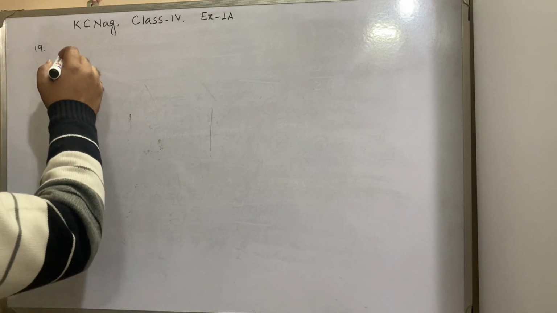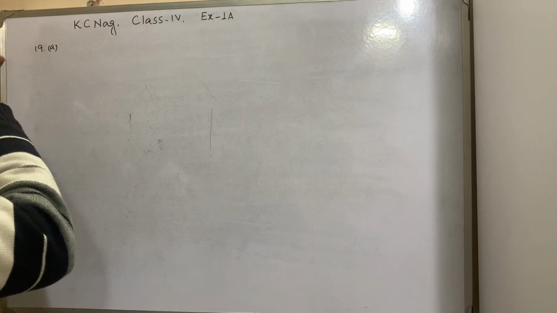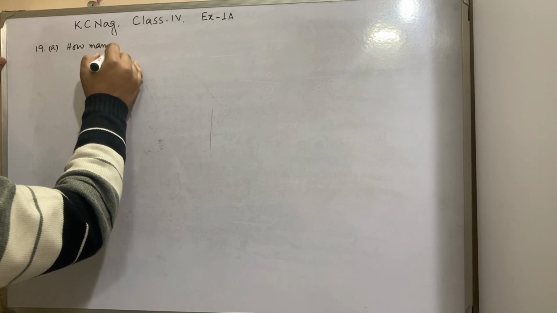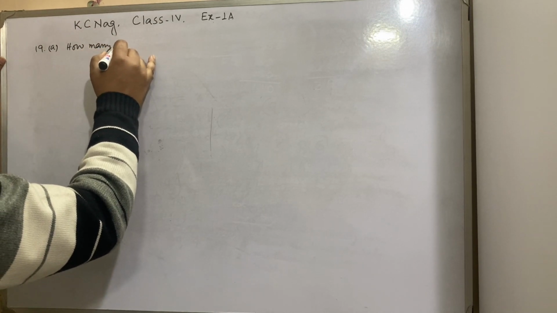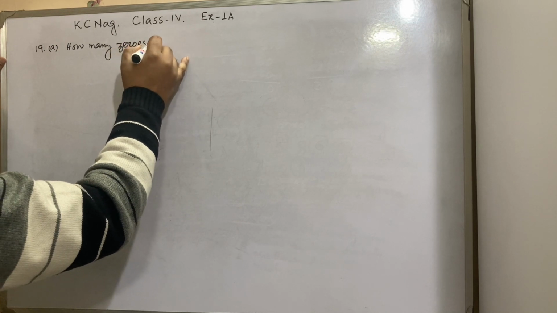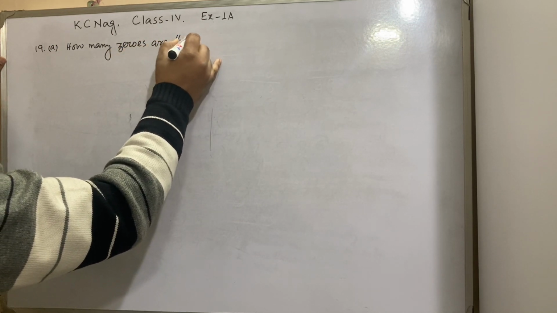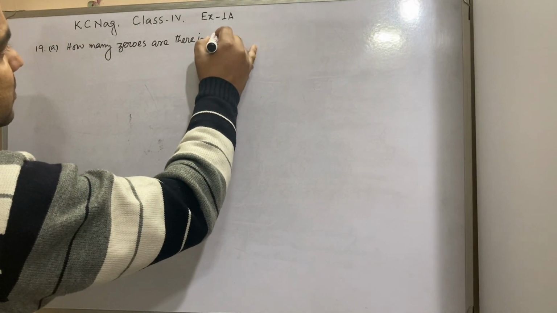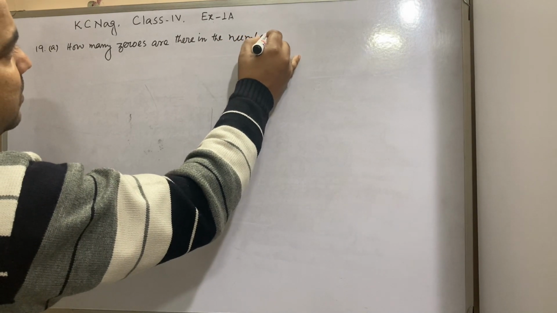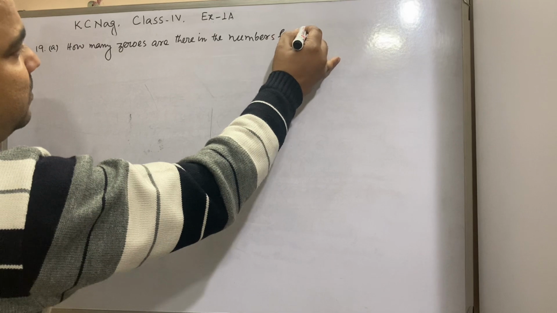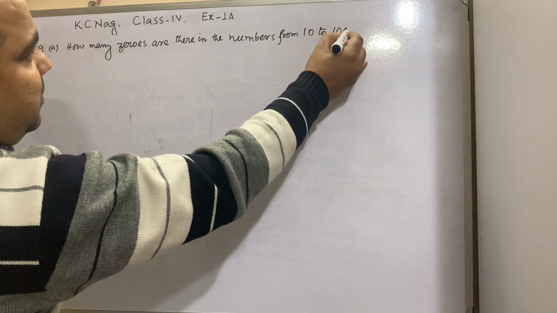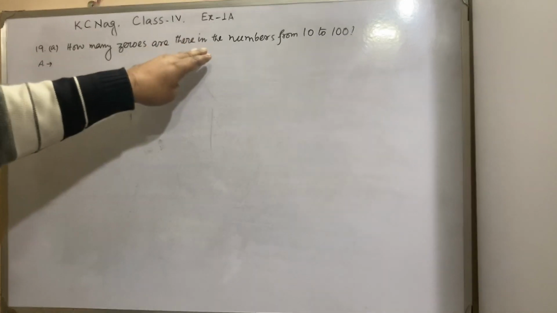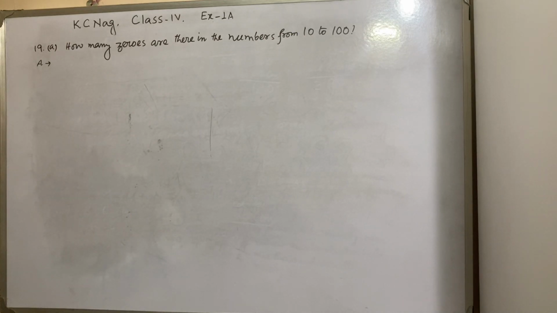So 19 part A says: how many zeros are there in the numbers from 10 to 100? So what is the answer?